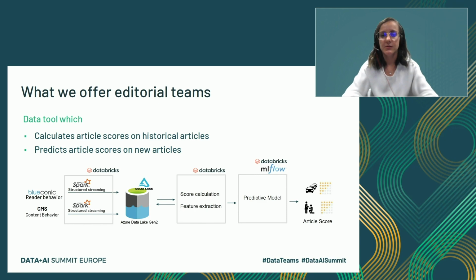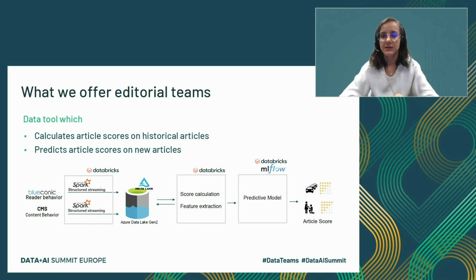Once we have that, we do a feature extraction for the second part of our solution to predict the scores. Both the results of the calculation of the scores and all the metrics that we calculate there, and also the features that we extract for the predictive models, are saved in intermediate Delta tables.